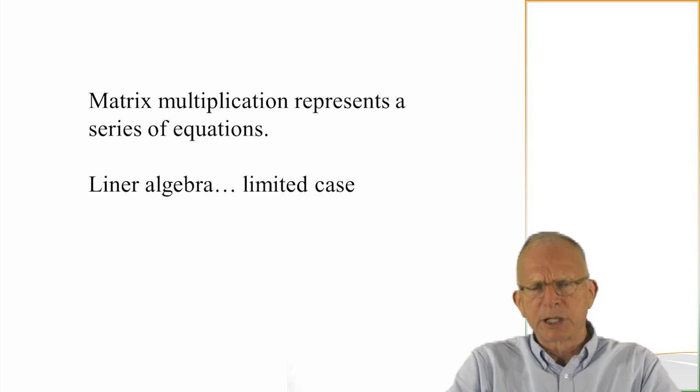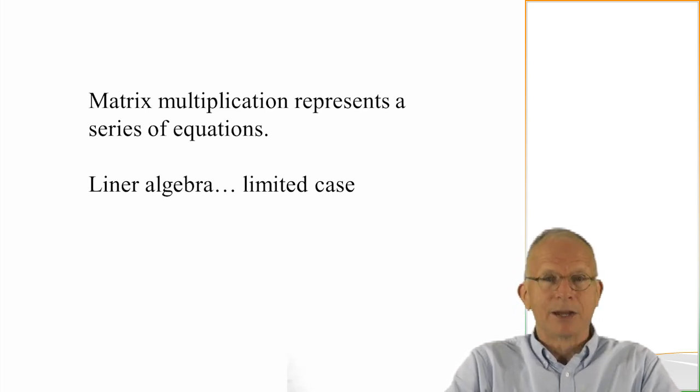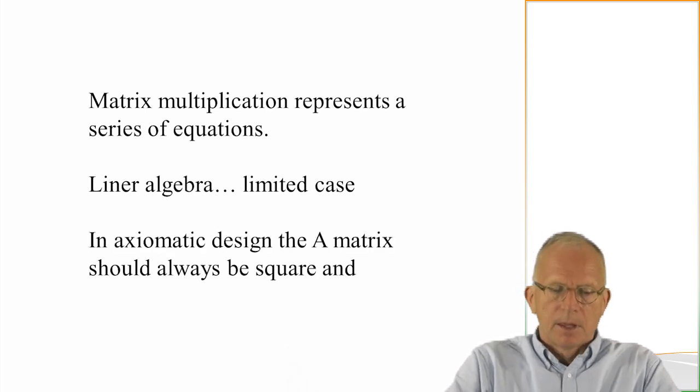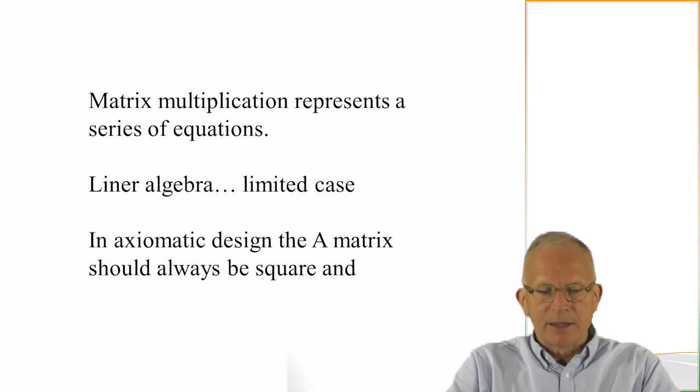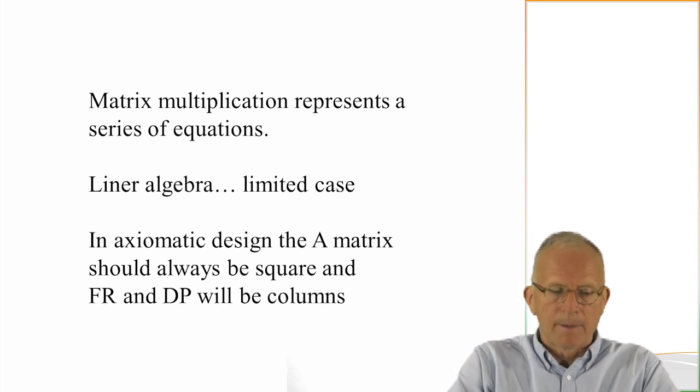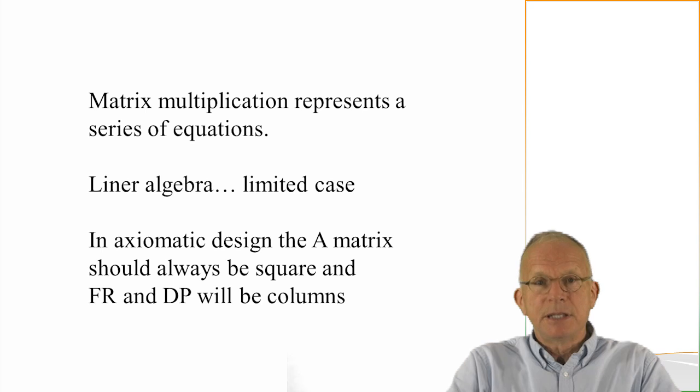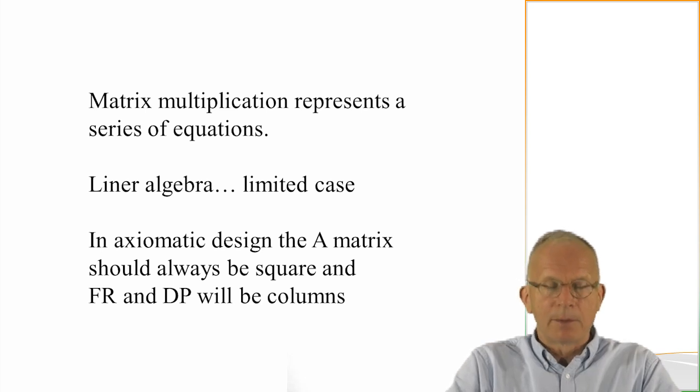Now we're just looking at a limited case of this, so if you never took linear algebra, or you don't remember your linear algebra, don't worry, because we're going to review everything you need here. Now one of the things that makes this particular case easy is that in axiomatic design, the A matrix, or the design matrix, should always be square, and the FRs and the DPs will always be column matrices.